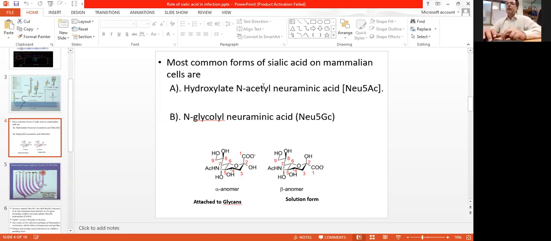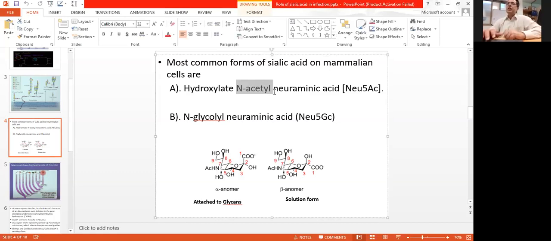If you look at a neuraminic acid here, it is attached with an N-acetyl group, and here it is attached with another group which is the N-glycolyl group. Okay, so actually it's the amino group here in the neuraminic acid which is attaching with different types of groups, which may be acetyl group, glycolyl group, acyl group, phosphate group, or methyl group.